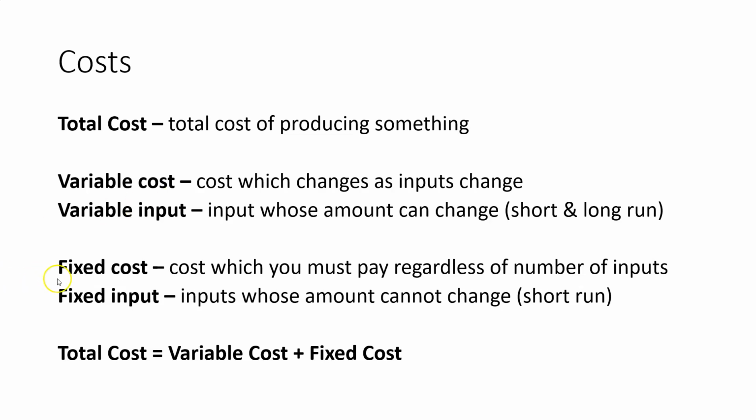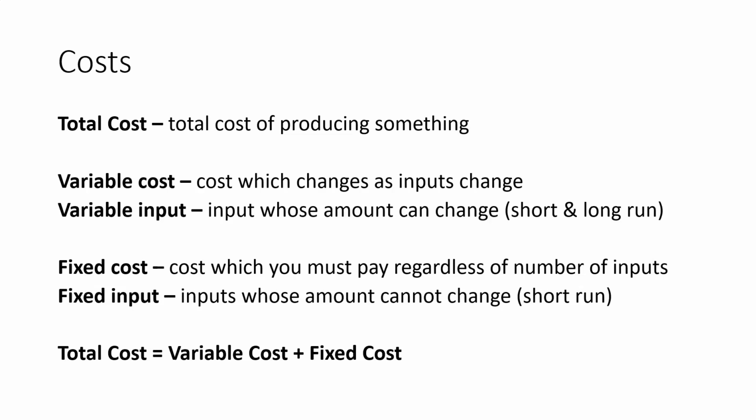Now, a fixed cost is a cost that you can't change. And that has associated with it a fixed input. And a fixed input is an input that you can't change. For example, in our previous lecture, we talked about Old MacDonald's farm.